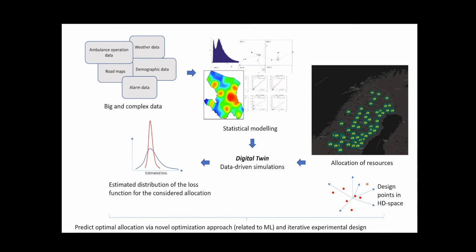So this is indeed a very high-dimensional space, and the aim here is to find the design point that minimizes the loss function. In order to do that, we need to develop new optimization approaches that can handle this high-dimensional space, in addition to the digital twin that may be regarded as a black box due to the complexity of the modeling. Okay, so I will give you some background and then I will return to this.